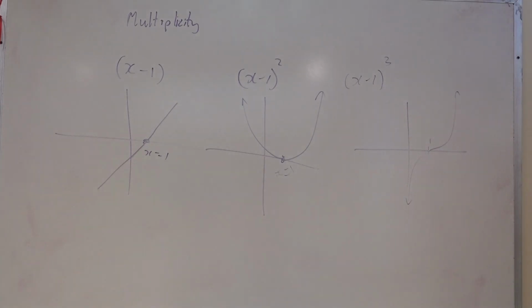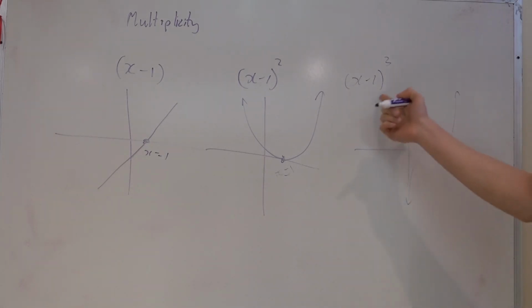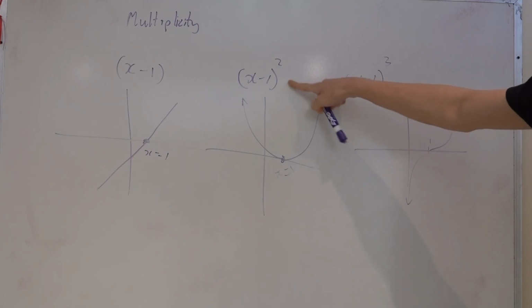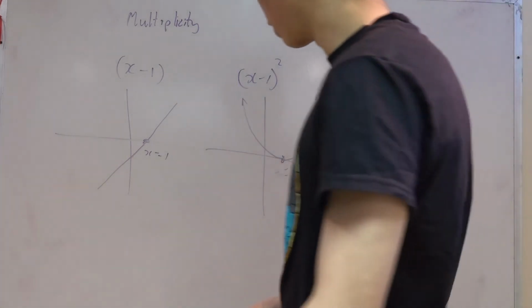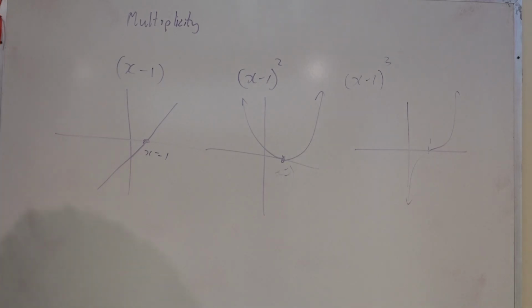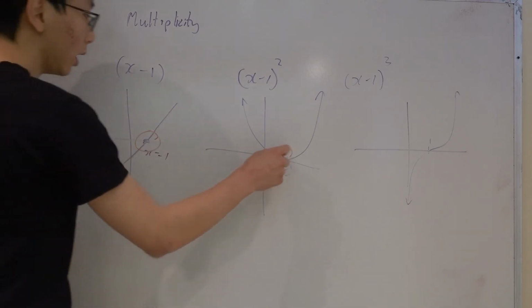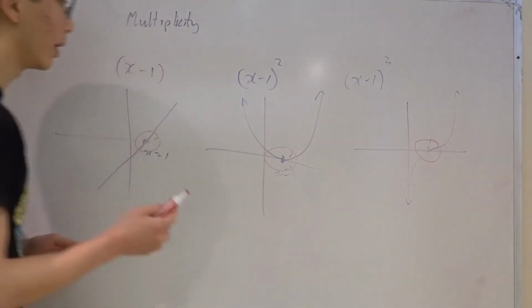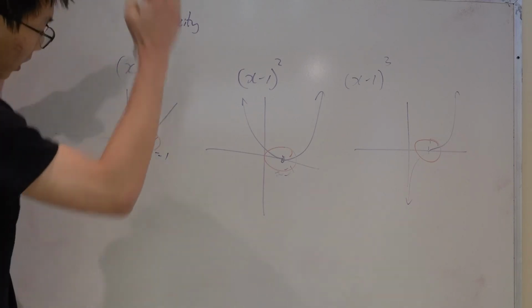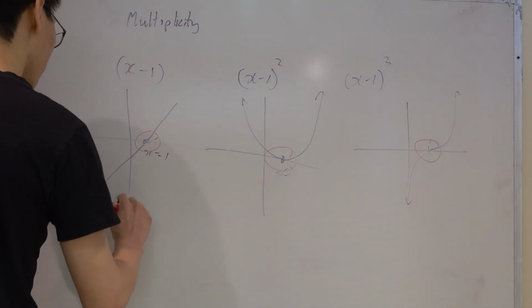Now, I didn't need to ask you to graph these. You could have probably done them by yourself, just by what you know from translations and from graphing quadratics and linear functions. I just asked you to graph it so that you would have it a little easier to see. But what I want to analyze right now is what happens here, here, and here. So what happened here was that your function just kind of crossed it. Okay, so let's write here, crosses.